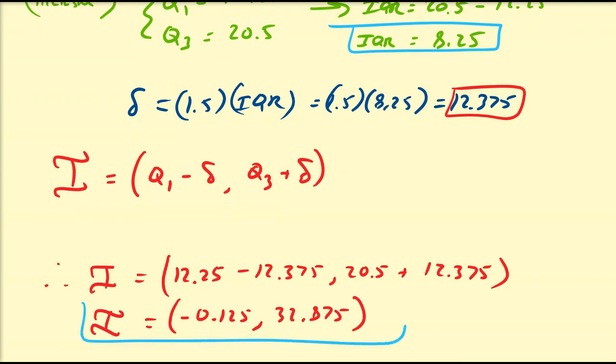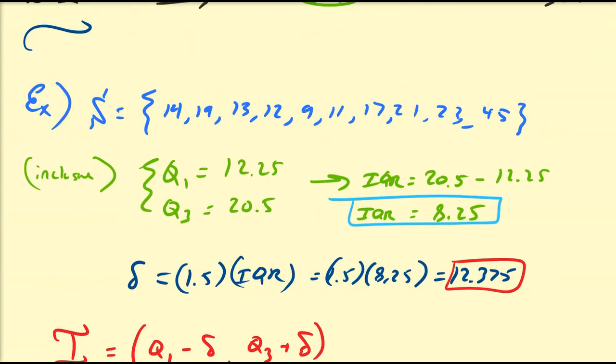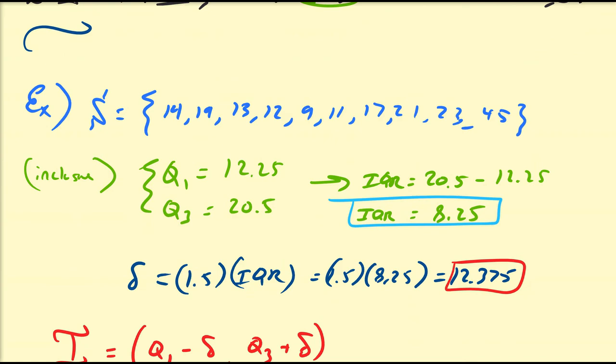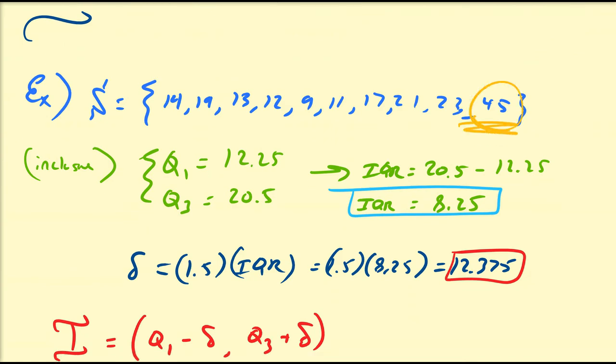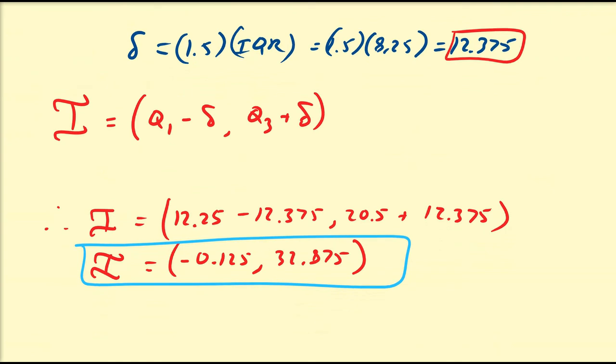Now we can compare this interval to our data set S. Every number that is negative or bigger than 32 is an outlier. So if we look at our data, we have 45.